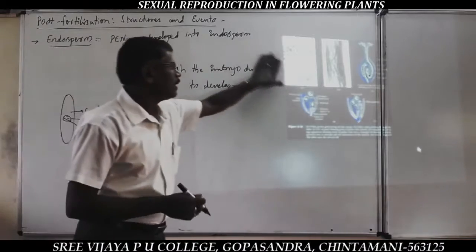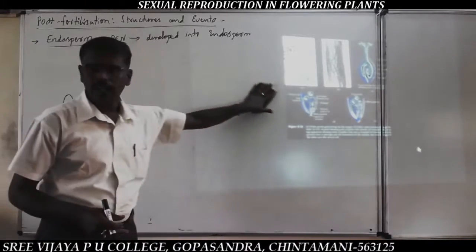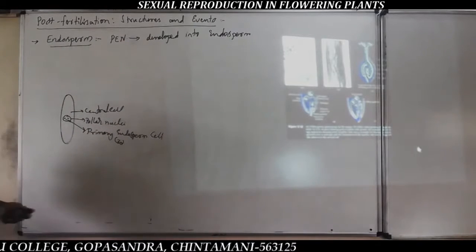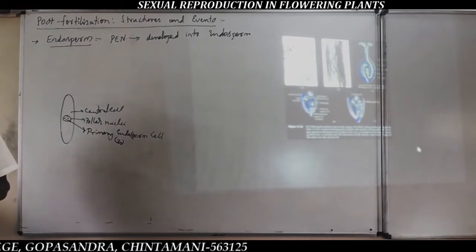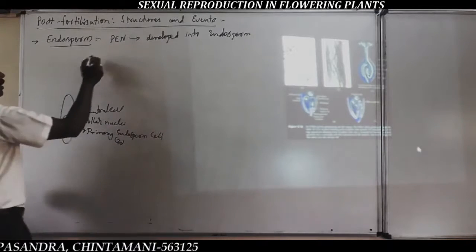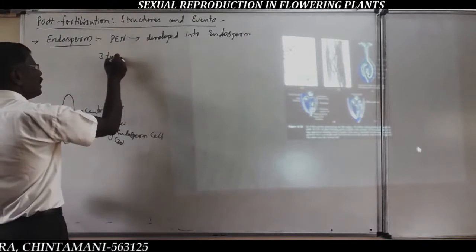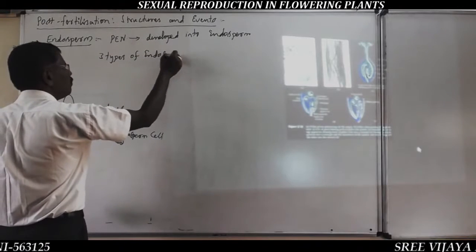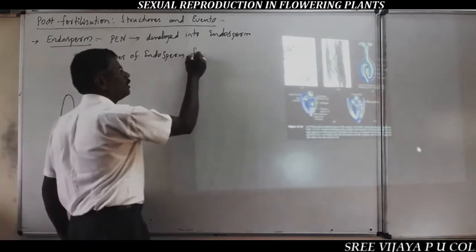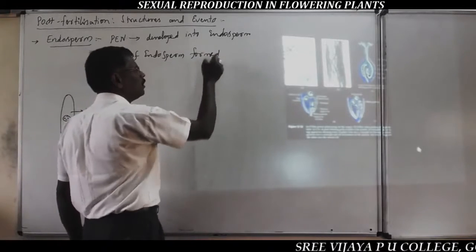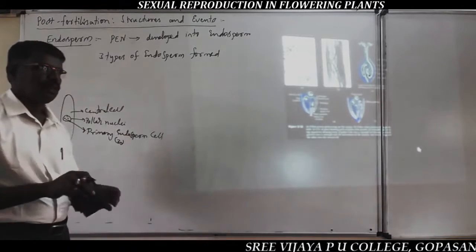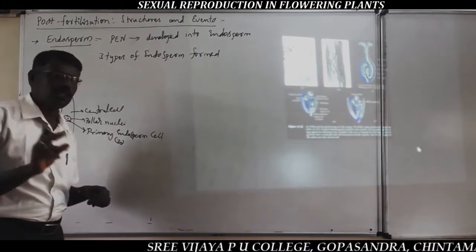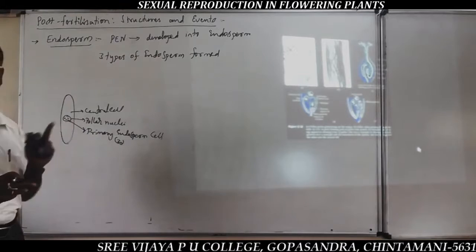At the time of formation of the endosperm, three types of endosperm are formed. These three types are based on the formation of cross walls after division of the nuclei of the primary endosperm cell.